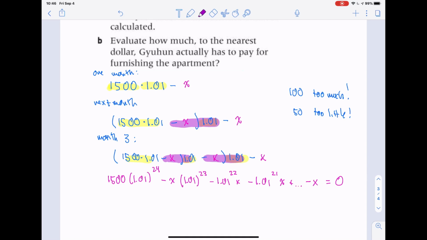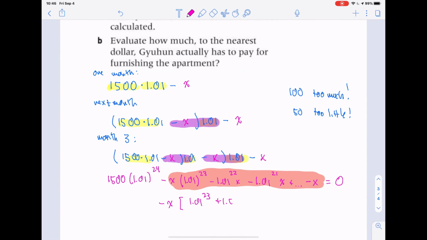And the thing that I want to highlight is that this quantity right here is a geometric series. We can factor out x and be left with this quantity, 1.01 to the 23rd, plus 1.01 to the 22nd, and so on, all the way up to 1, because we're going up to this last term here of negative x.